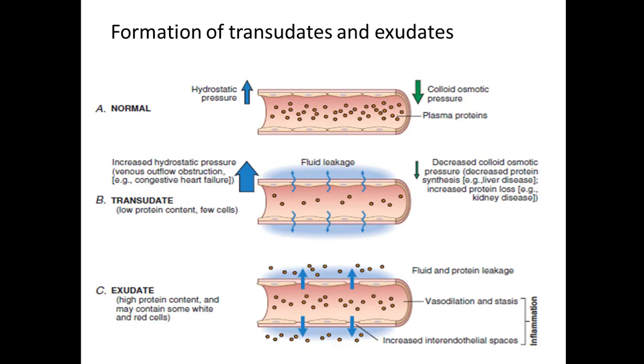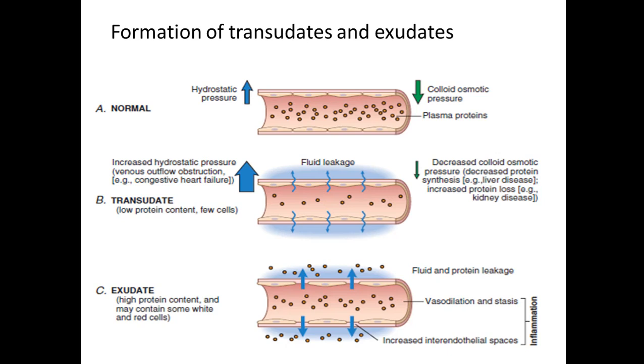But before we proceed to discuss the increased permeability that occurs during inflammation, let us come to the normal physiological state of a capillary. You know that the capillary is a junction between the arterial and the venous system.